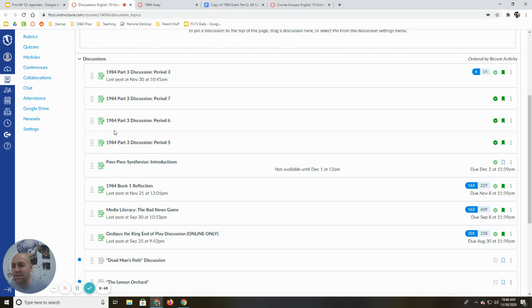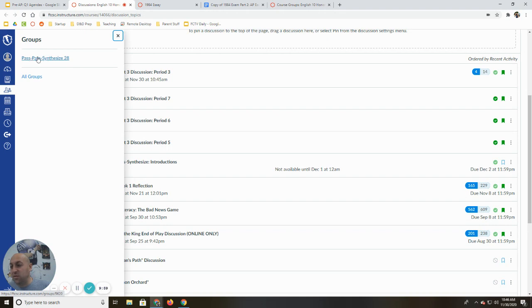If you don't want to click that and sort through all of this, you have a little group tab here now that you've been assigned a group. Probably you were assigned a group in another class before, but if you weren't, it's here. Click on it and you'll see your group, Pass Synthesize 28. I went ahead and added myself to a group alone with no one else.